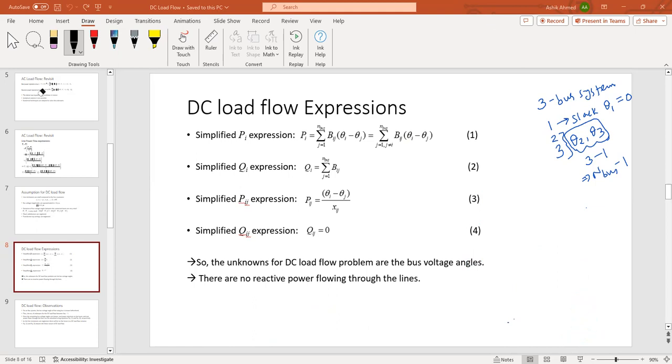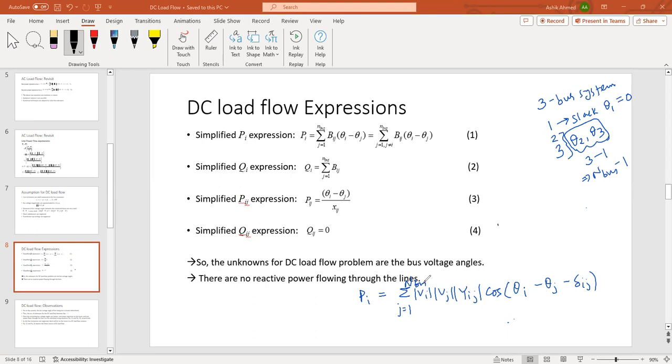So if I start from the AC power injection expression, this is nothing but Vi, summation of Vj, Yij, cosine of theta i minus theta j minus delta ij, j equal to 1 to N bus. So this is the expression.